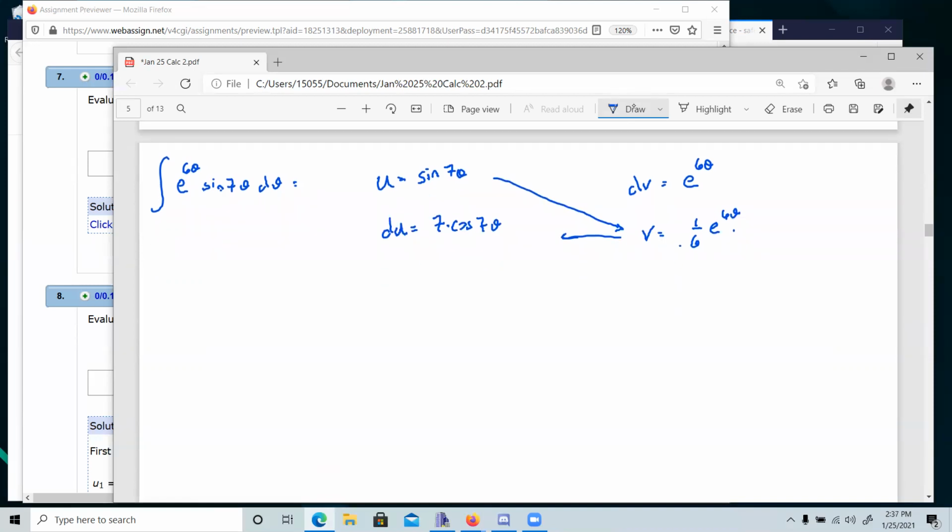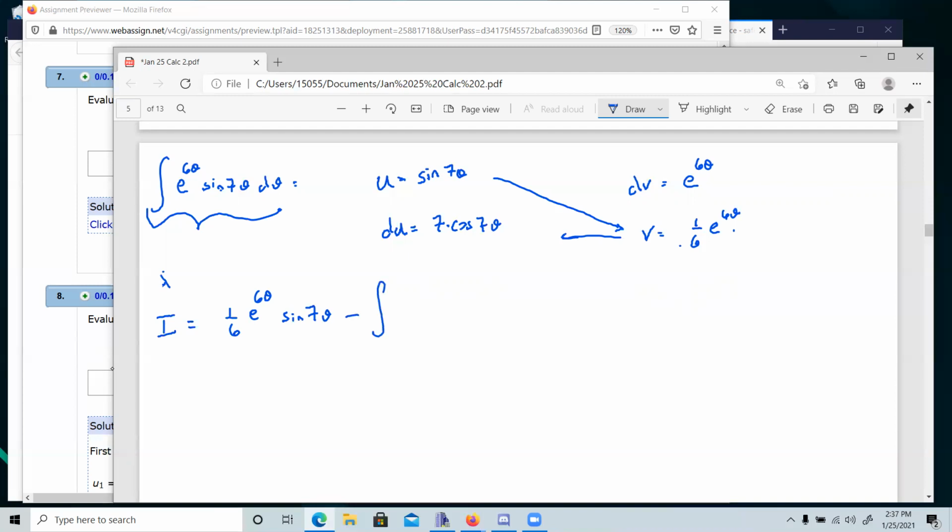I'm going to call this thing capital I. It's not little i, because that has a job. It's capital I. So we have uv, which is 1/6 e to the 6th theta sine 7 theta, minus the integral of v du.